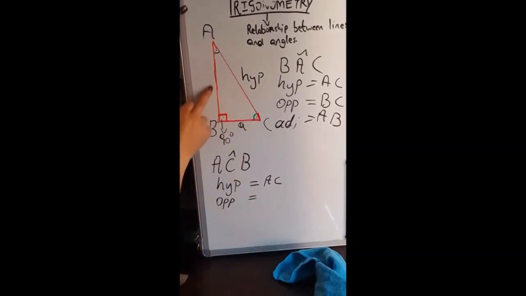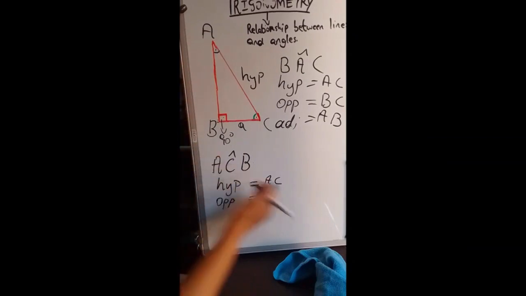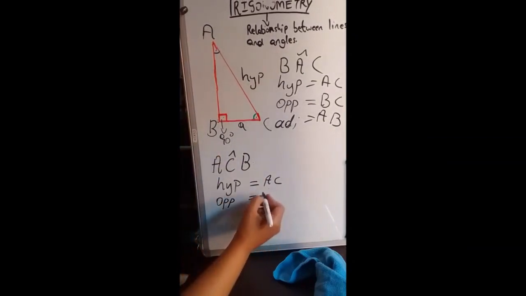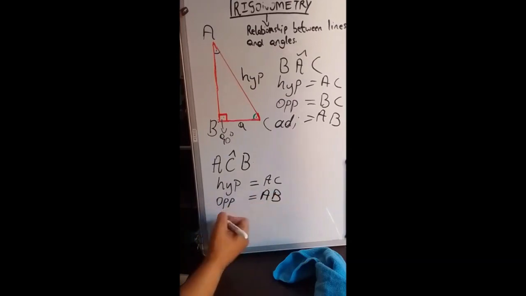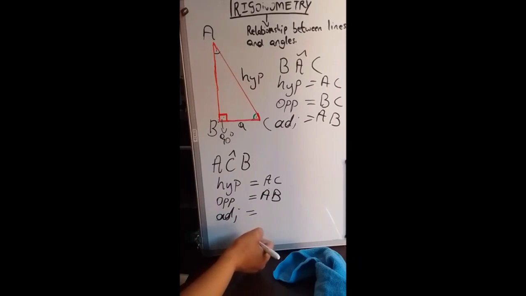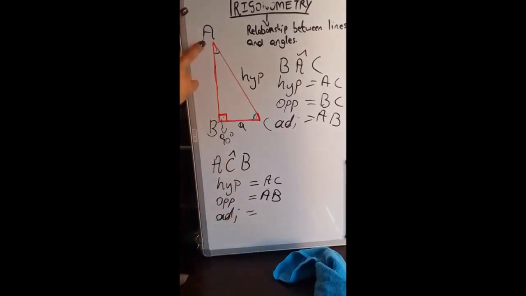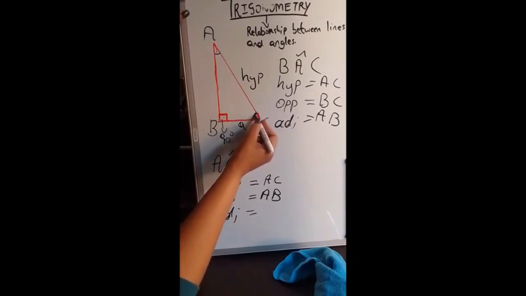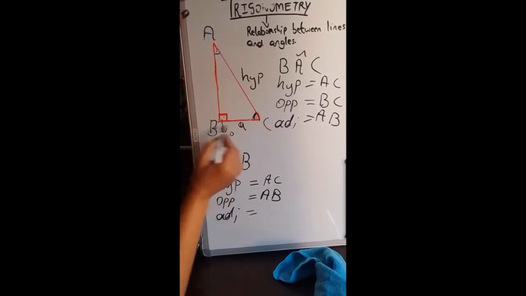It's opposite to side AB. And then the adjacent side, the side right next to it, the adjacent side of angle ACB, this angle over here, will then be BC.